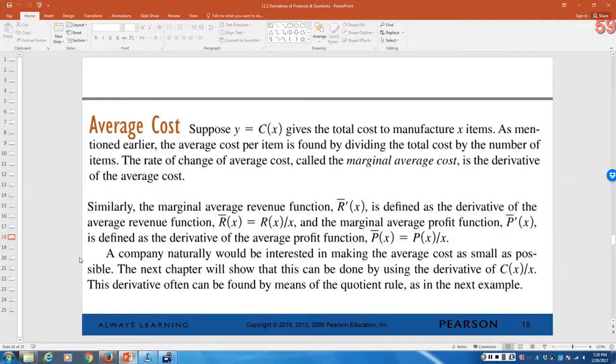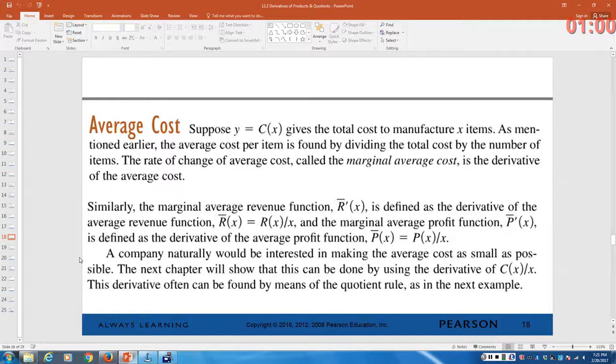I think most of y'all have had statistics at this point. Even if not, you've probably read enough to know what an average is. Average is the sum of all of them divided by how many? Does that make sense? Average cost would be the total cost for X units divided by whatever number of units X actually is.